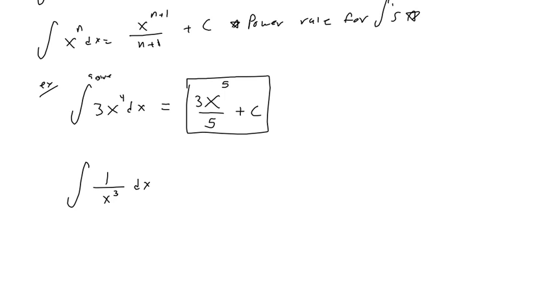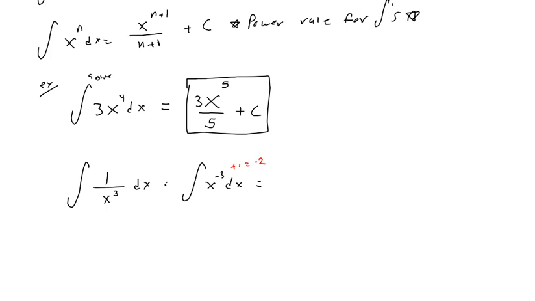Well, okay, 1 over x to the 3rd power. It's a fraction. Does that make it harder? Well, not really. Remember what happens when I have an exponent in the denominator? I can just make that into an x to the negative third power dx. And now I follow the same rule. I'm going to add 1 to this exponent. So negative 3 plus 1 is going to be negative 2.